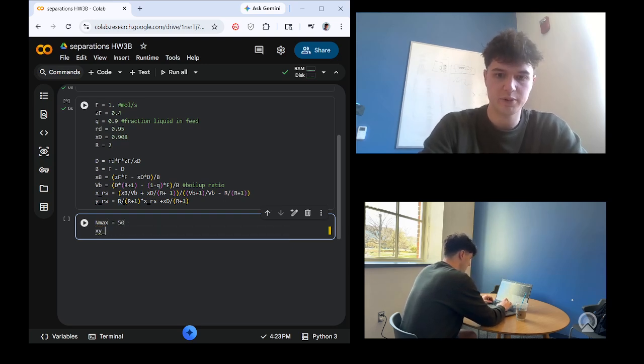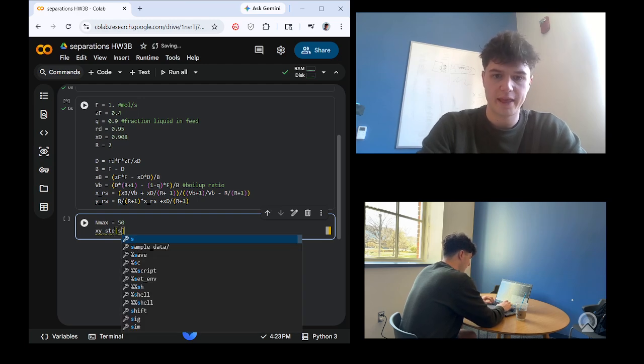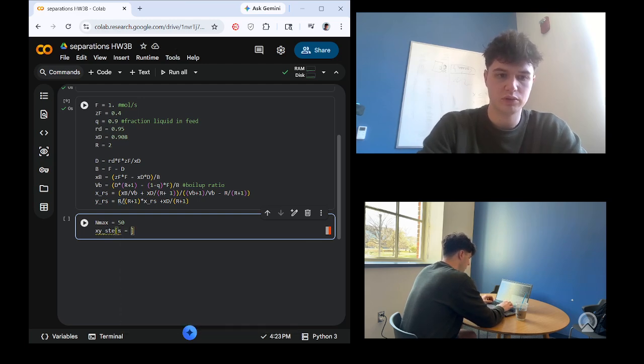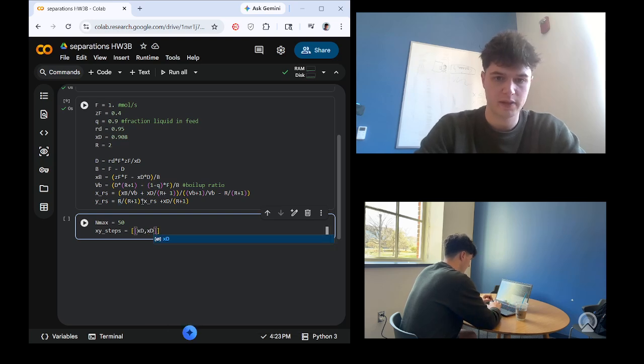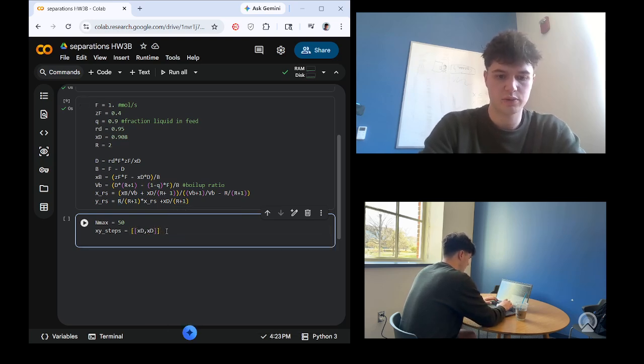And as I said, this is going to be related to our steps. And we want our steps to be equal to XD. And in this one, our Y equilibrium is going to be equal to XD.